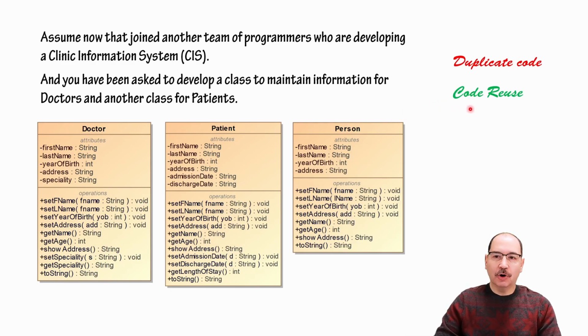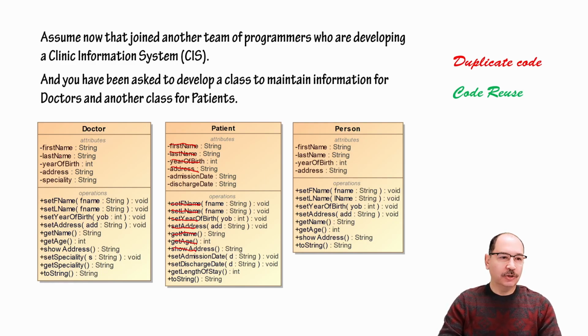So this is called code reuse. So instead of defining here first name, last name, year of birth, address, no need to define them here again in the patient class, and also no need to define these setter methods and these get methods.